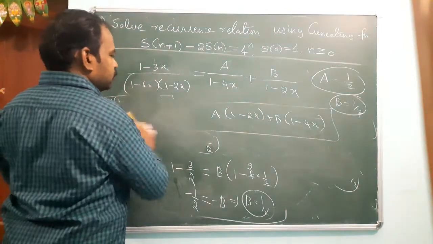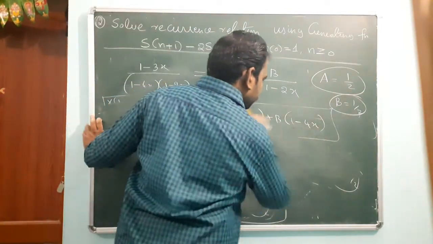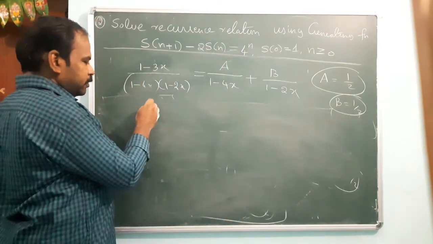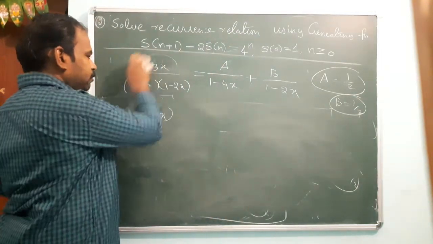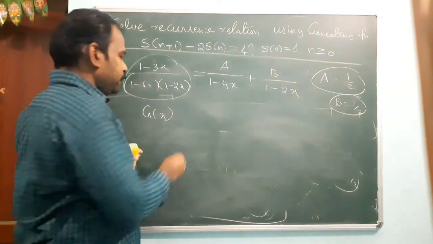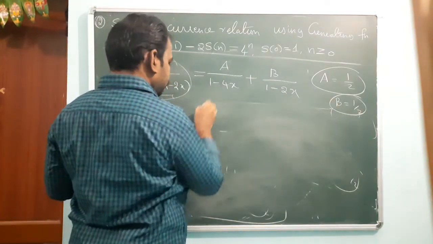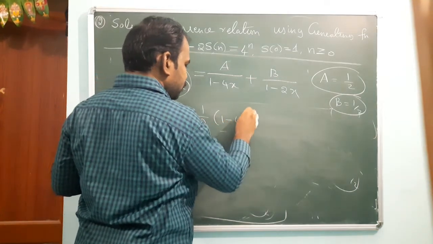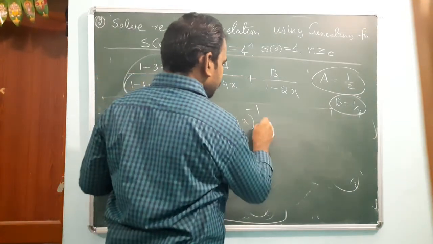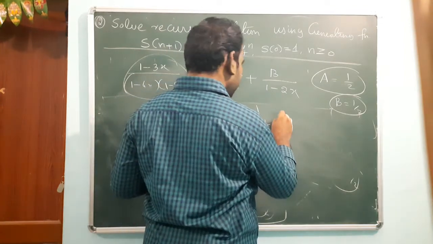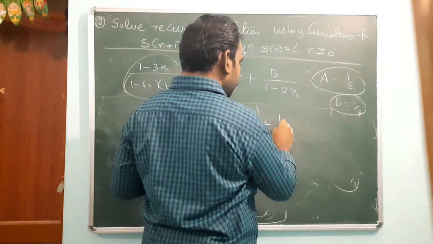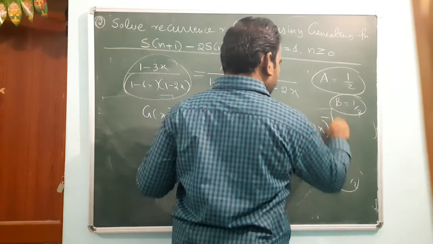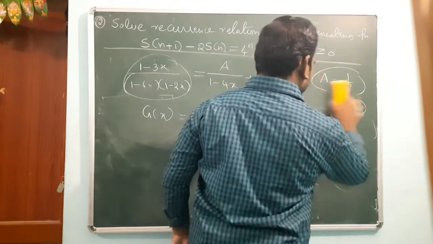So we found g of x. g of x equals A, which is 1 by 2, times (1 minus 4x) whole power minus 1, plus B, which is 1 by 2, times (1 minus 2x) whole power minus 1.